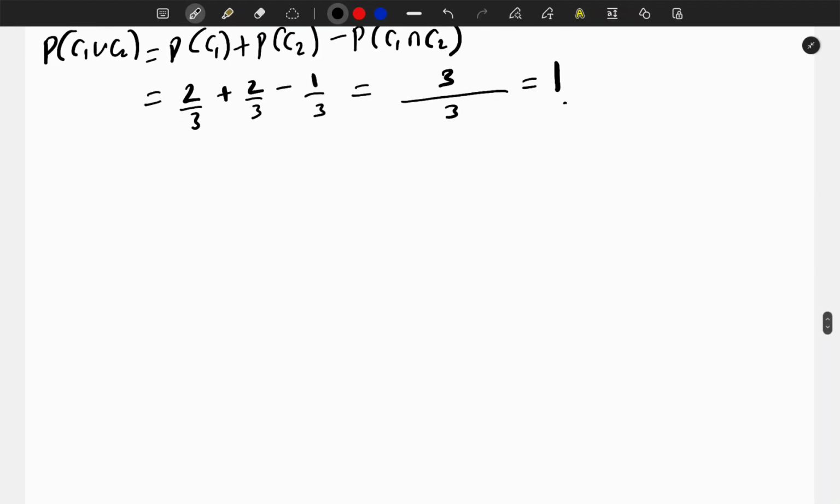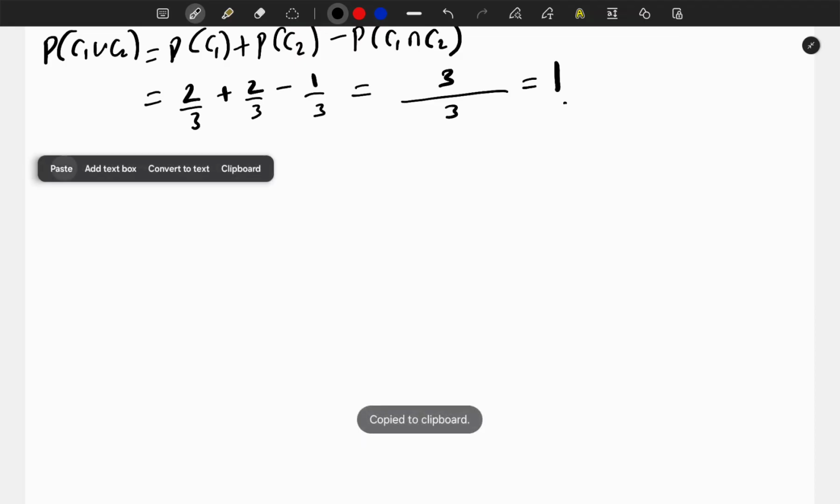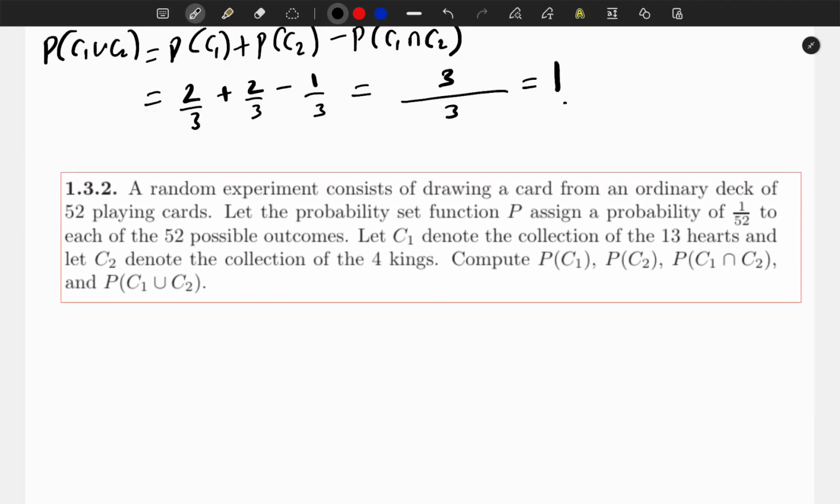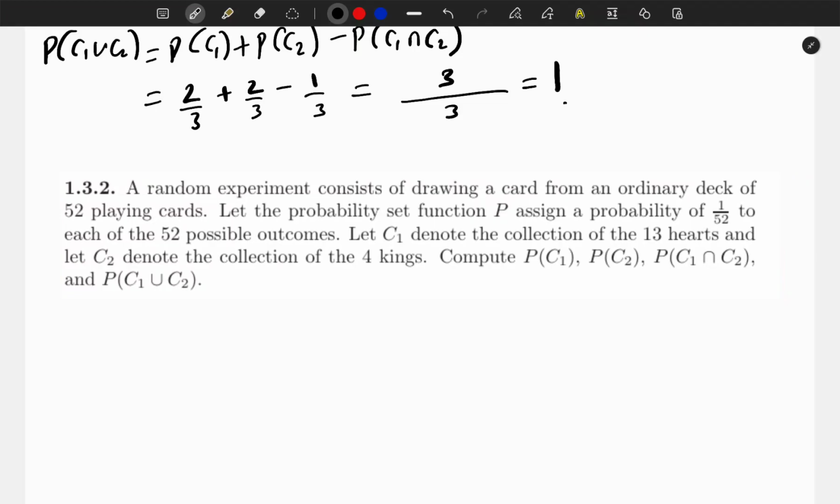You can just take your time and go through it again. So here's question number 2. A random experiment consists of drawing a card from an ordinary deck of 52 playing cards.